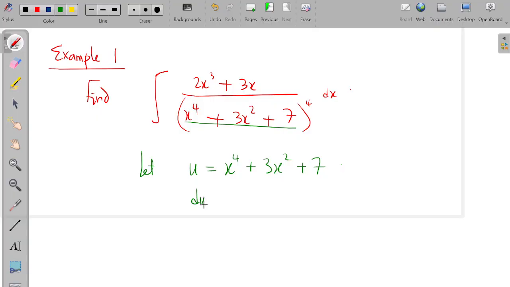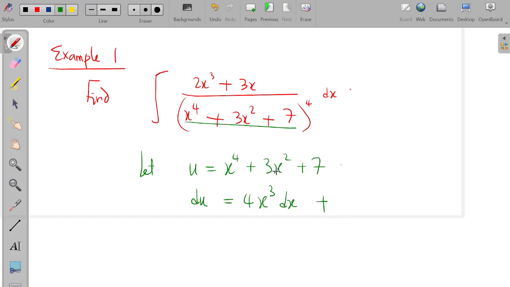Differentiate u, we get du. Differentiate this, we get 4x^3, plus differentiate this, we get 6x. For every x we differentiate, we are supposed to multiply by dx also.